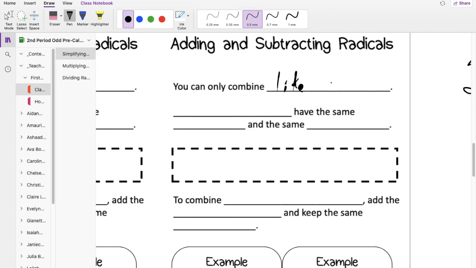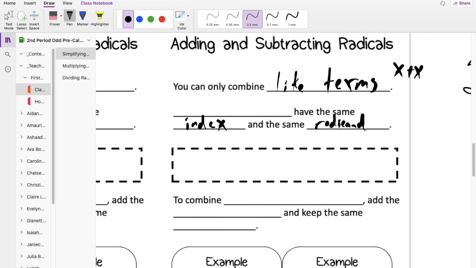Just like when you're adding x plus x, they have to be the exact same like terms. For it to be a like term, your radical has to have the exact same index and the same radicand.